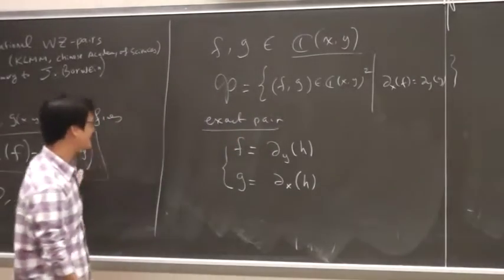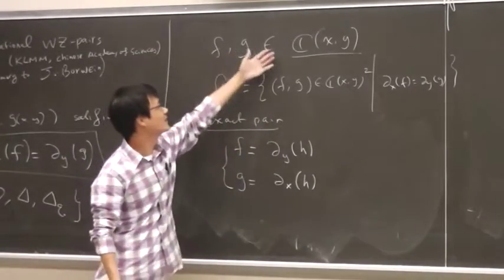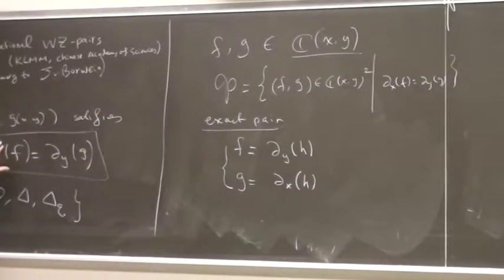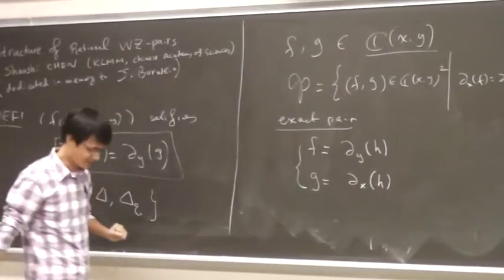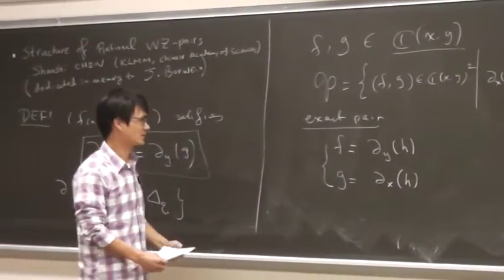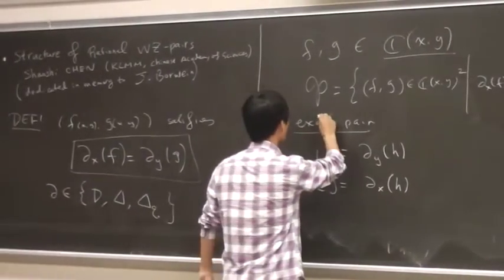Because partial x and partial y commute in this field, this is definitely a solution. But this is not interesting, and that's why I call it exact. Actually, exact has some meaning for this equation. This is motivated by the differential form.